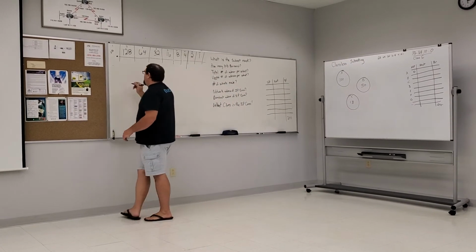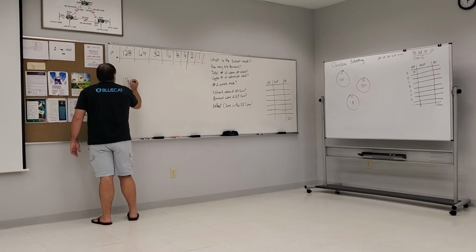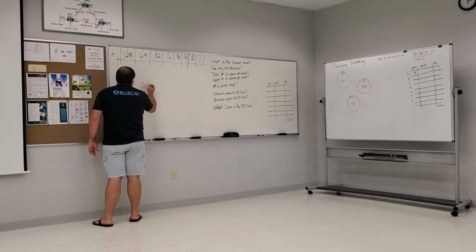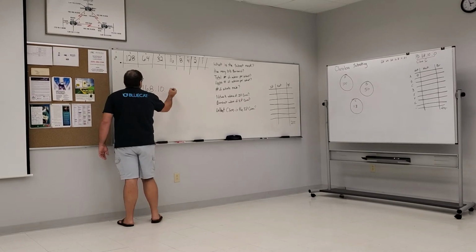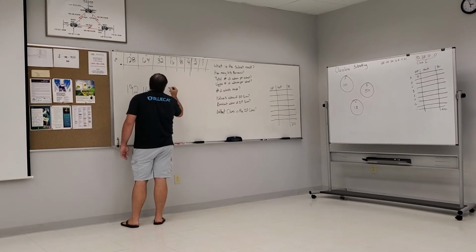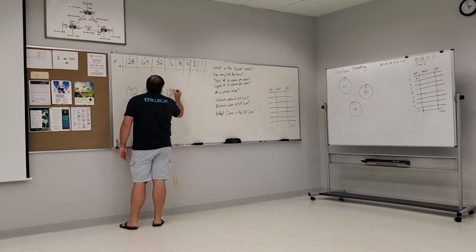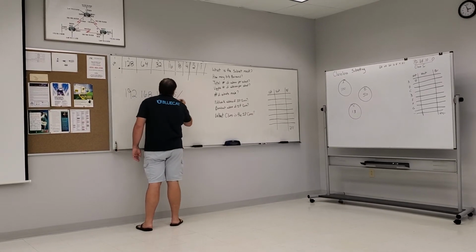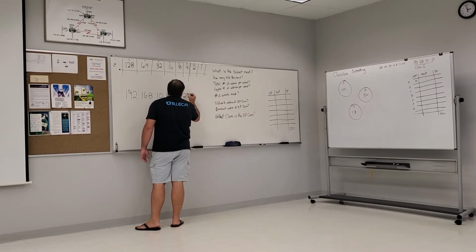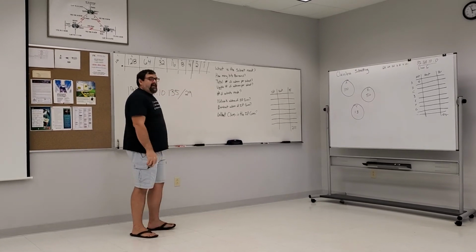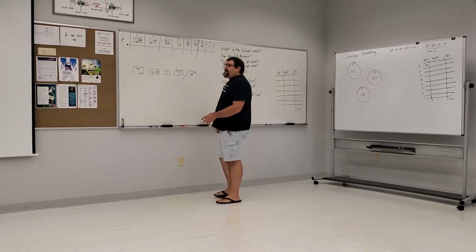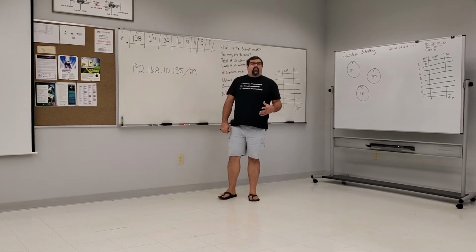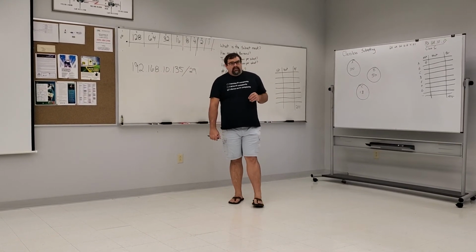So, if I said 192.168.10. We'll just go ahead and pick a big number. 135 with a CIDR of /29. That's a lot for our chart. The method that I am showing you now is called ANDing.